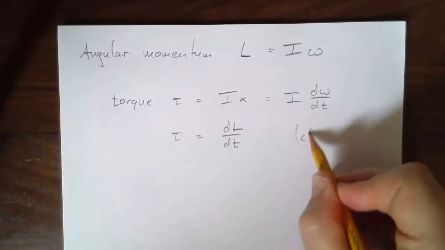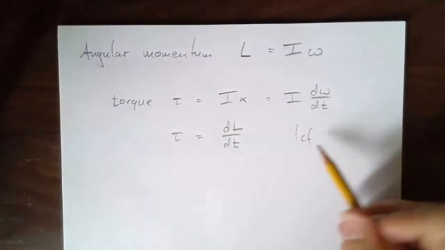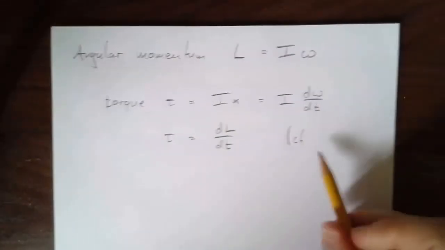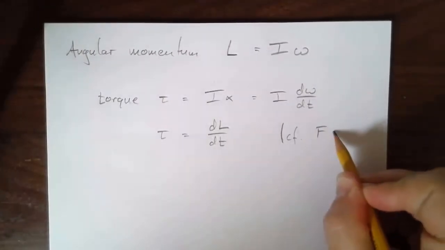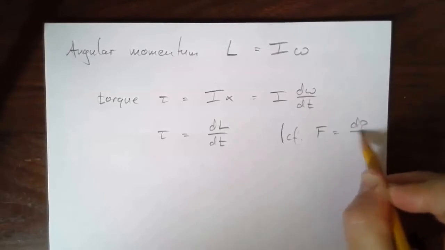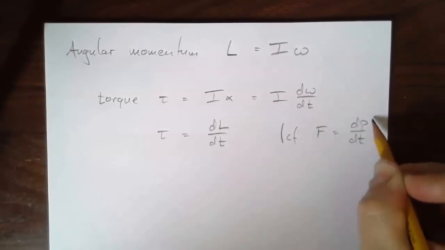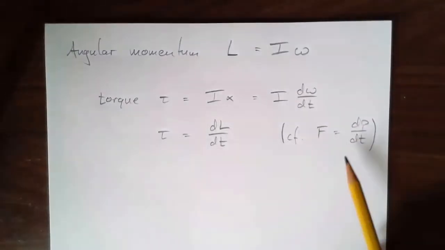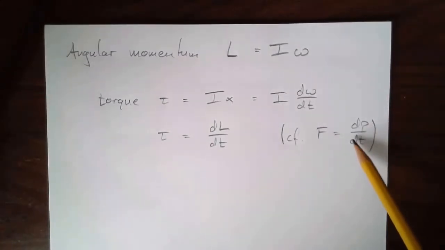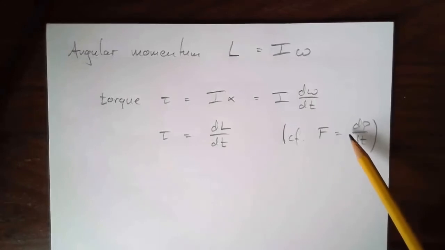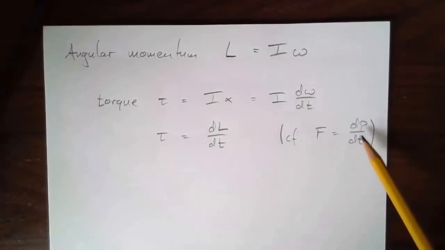Compare with that a force is equal to the rate of change of momentum. Usually it means that the velocity is changing, assuming the mass stays constant, but it could also mean that the mass that's going at a particular velocity is changing.